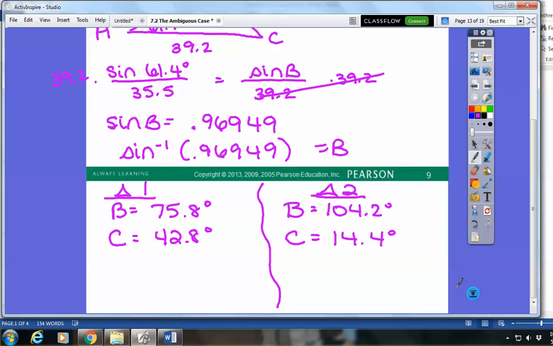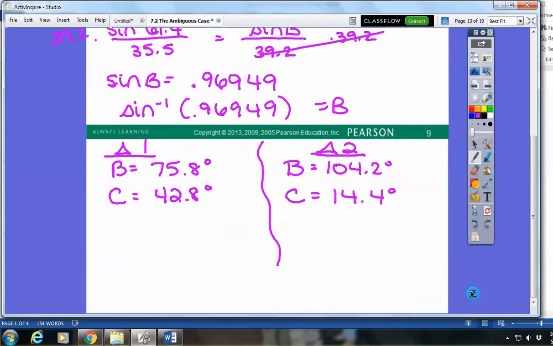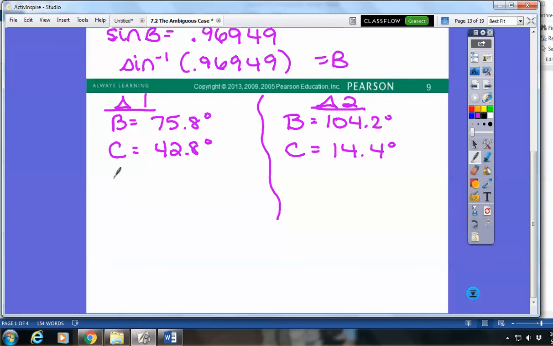You need to make sure that you are organizing all of your information for triangle 1 versus your information for triangle 2. Okay, so the original problem I gave you side A, side B, and angle A. We now know the rest of our angles, but we need to find our third side, which is side C. So to do that, we are going to do the law of sines again.